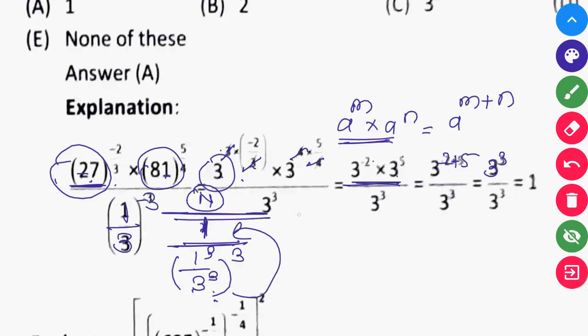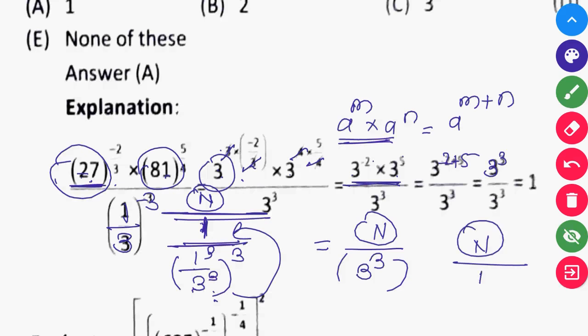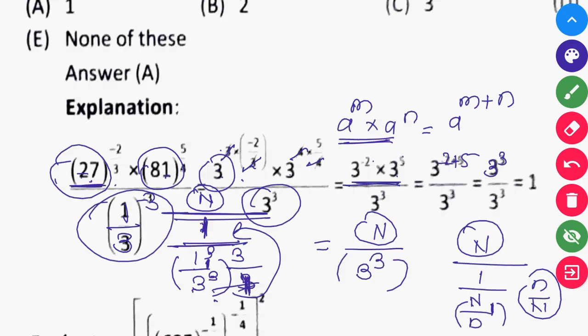So this is nothing but 1 numerator upon 3 cube, because it is like a big numerator is there, and this is 1 upon numerator divided by denominator, so it becomes denominator upon numerator. This numerator is 1, so it becomes 3 by 1. 1 has no value. So the denominator after simplifying becomes 3 cube.